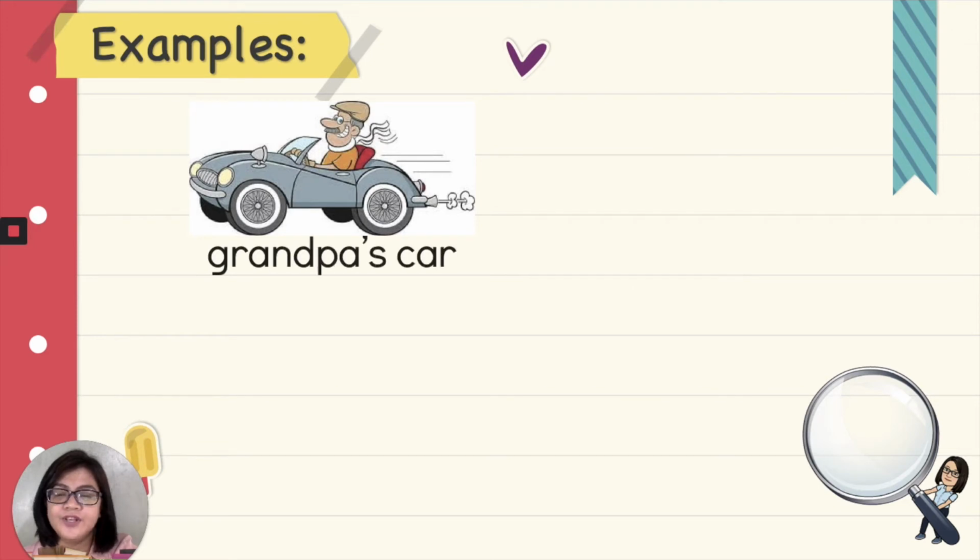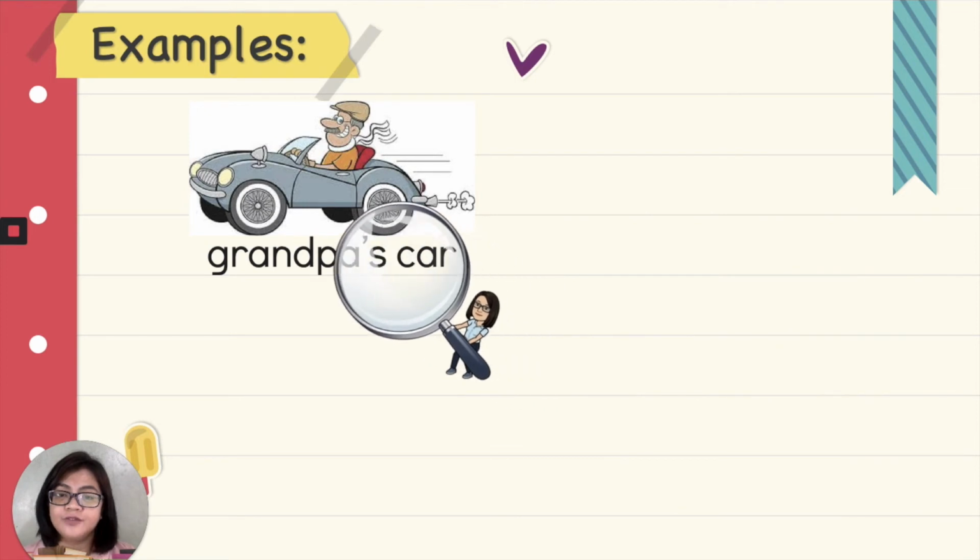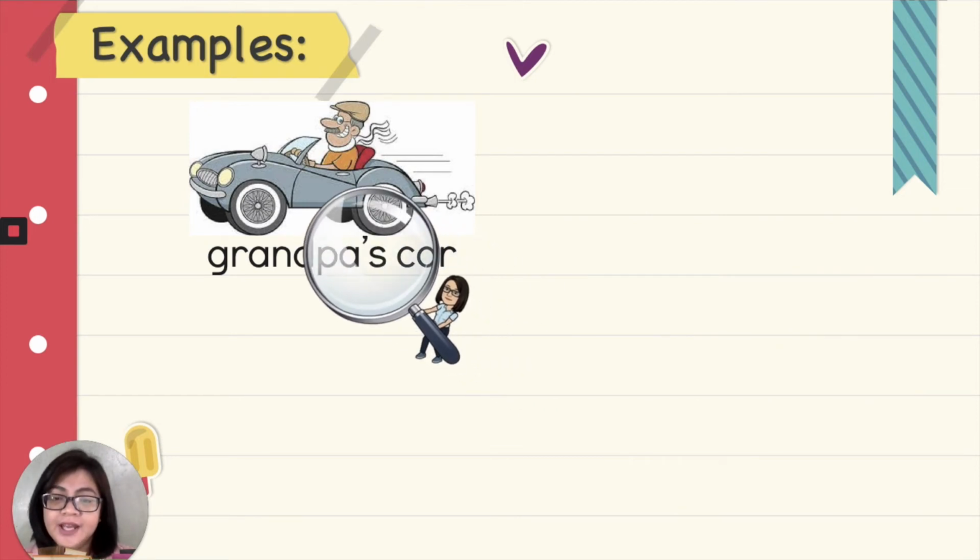For our first example, we have grandpa's car. Grandpa is a singular noun, hence we only have to add apostrophe S. As you can see, apostrophe S is added at the name of the owner. So, grandpa's car.